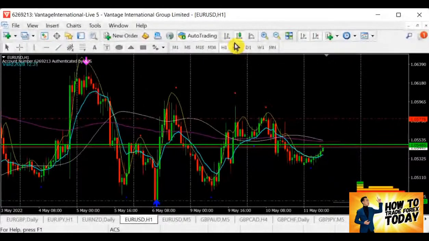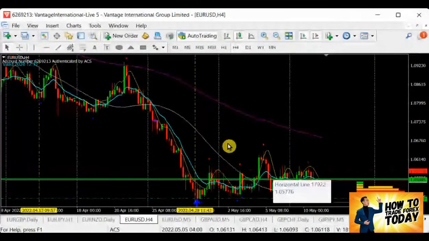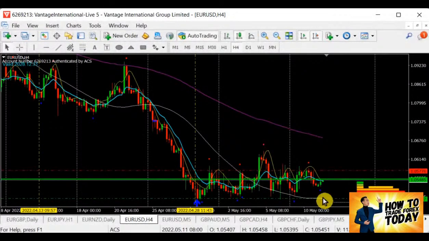It's a very big ranging in this zone, about 80 pips. If we continue to hit the resistance without breaking, that means we actually got a chance to sell.